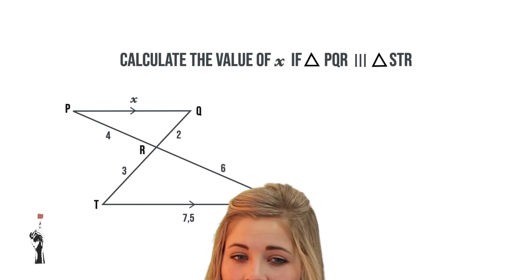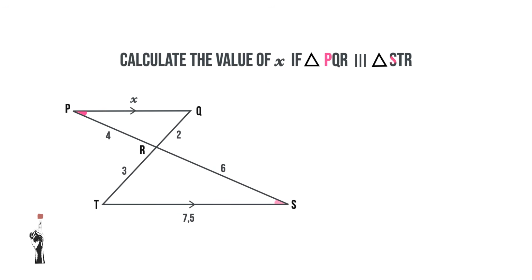Therefore, I immediately know angle P is equal to angle S, angle Q is equal to angle T, and angle R is equal to angle R. Furthermore, I know that I can write all of these sides in proportion. Side ST over PQ, side TR, which is the last two, over side QR, which is the last two, or side SR, which is first and last, over side PR, which is first and last.